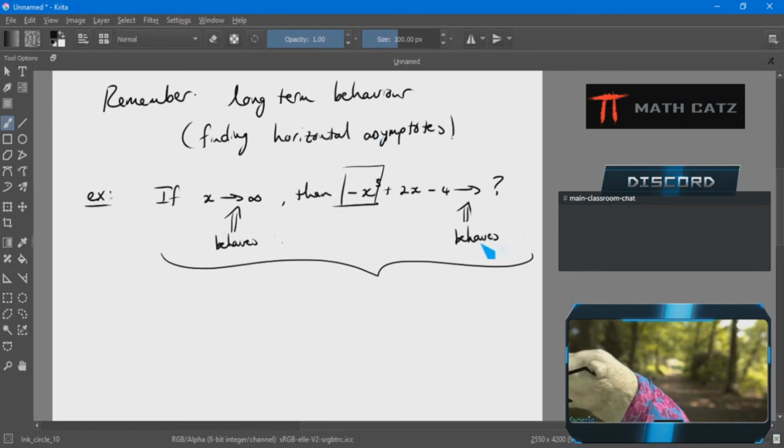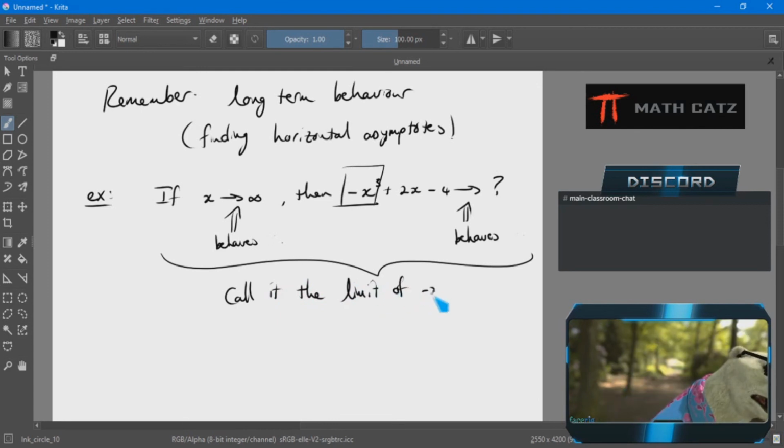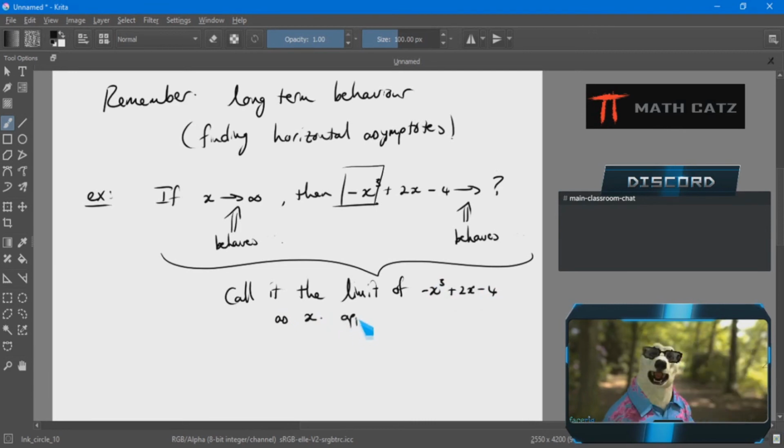I'm going to give a temporary sentence and then the mathematical symbols. We're going to call it the limit of my function, and then I need to say what x is doing, as x approaches infinity in this case.